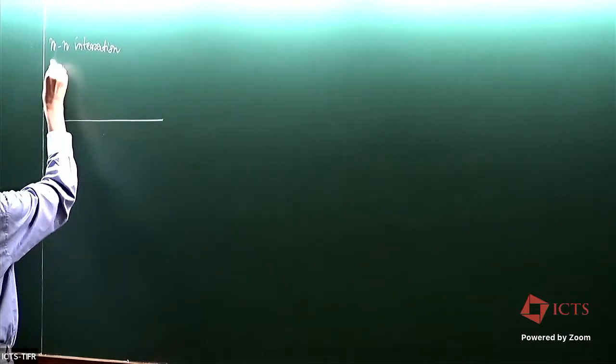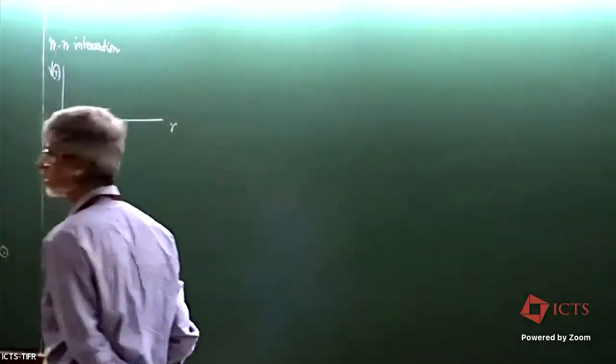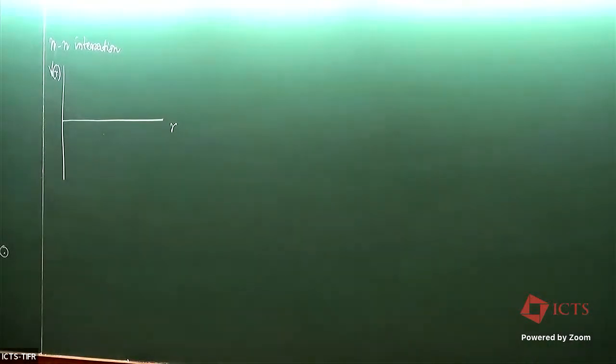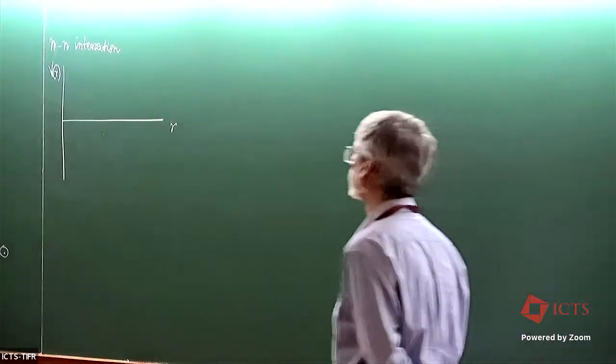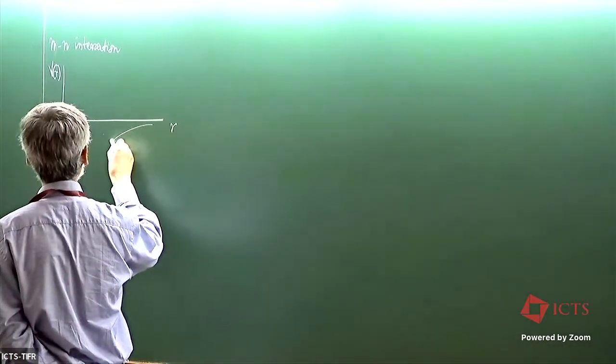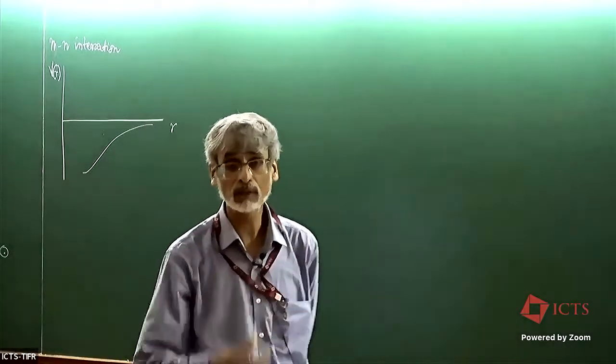If you plot the potential, you can have something of the form which is called a Reid potential, which as you come close, the potential becomes more and more negative, so that means the force is attractive.